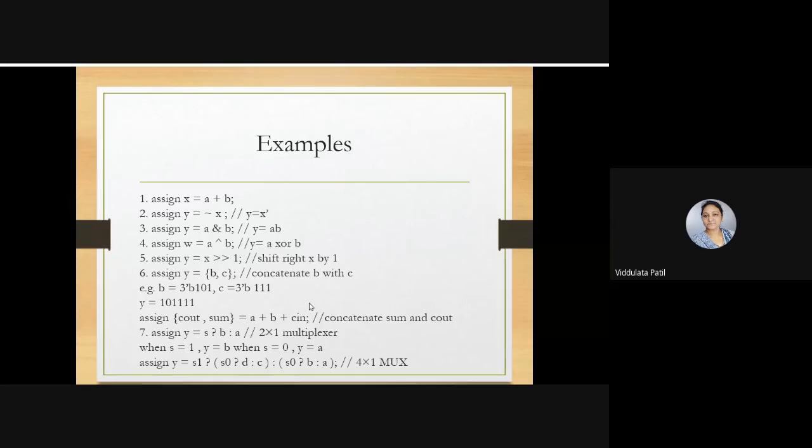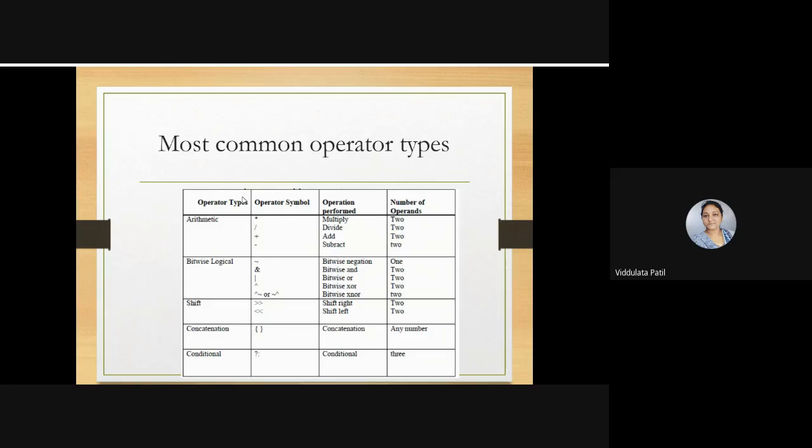So we have certain examples for this. Tell me, assign x is equal to a plus b semicolon. What will this instruction do? We have seen these different operators.